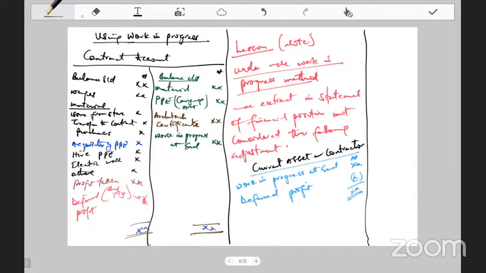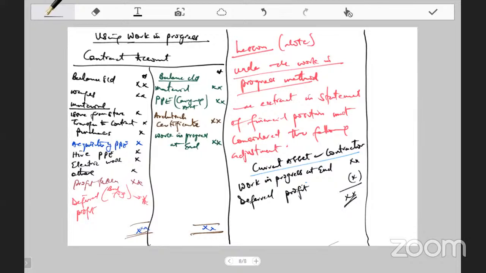So we must look at the difference between work in progress at end compared with what we call the deferred profit. So that is that.